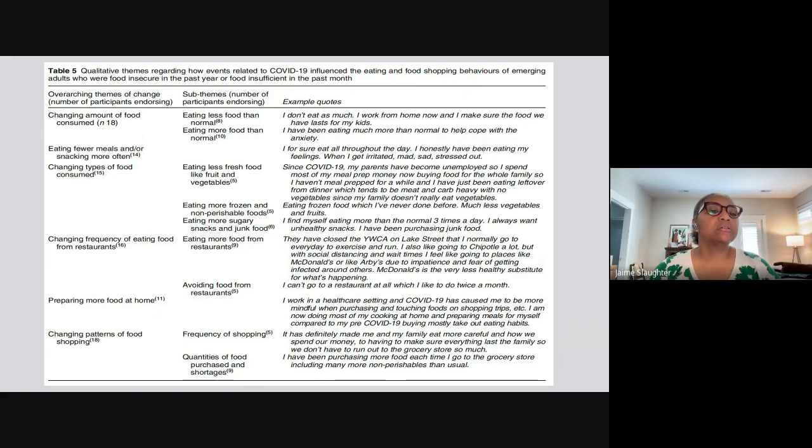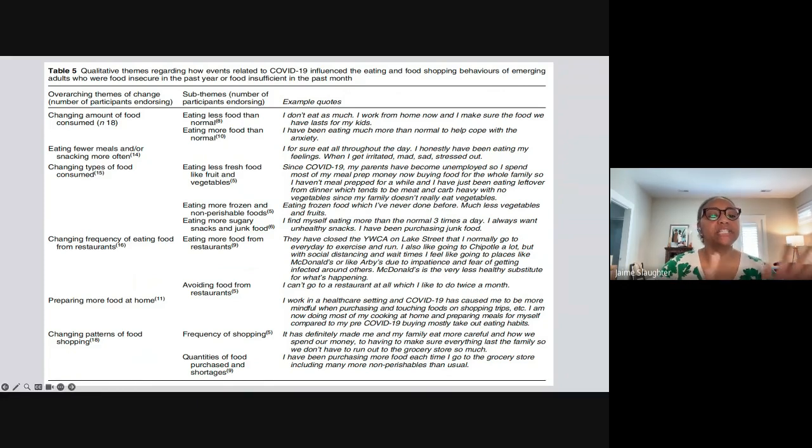So some of the overarching themes were that emerging adults changed the amount of food that they consumed. They also changed the frequency of eating food from restaurants. They started preparing more food at home, and COVID-19 caused them to change the patterns of food shopping.